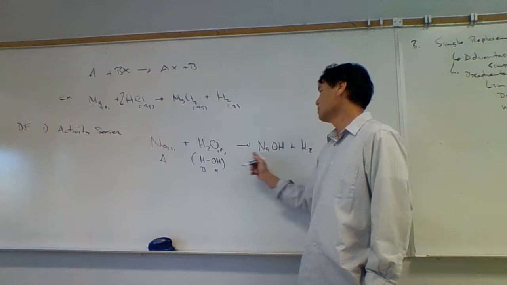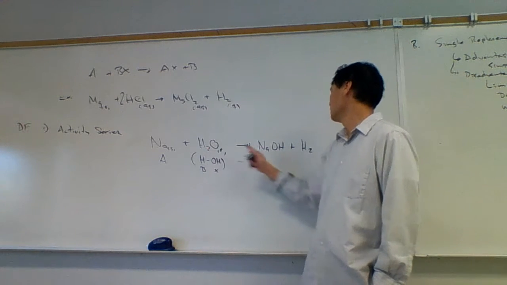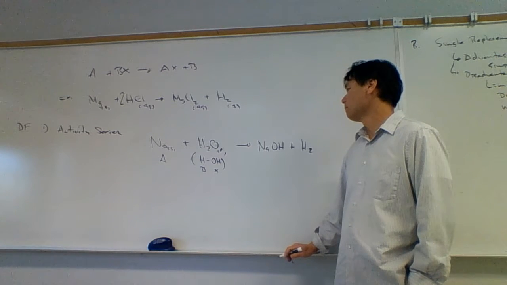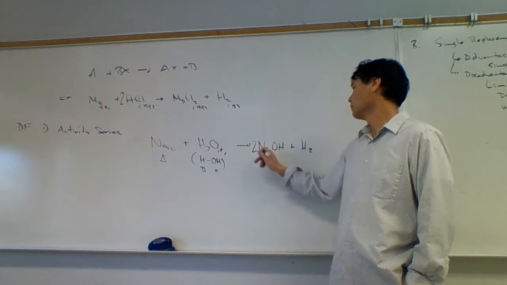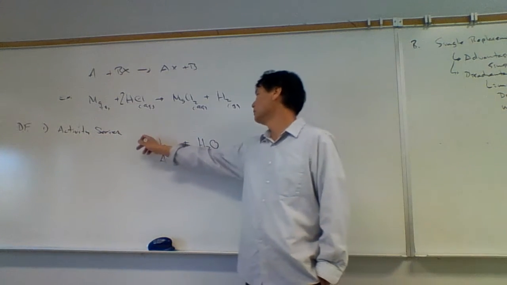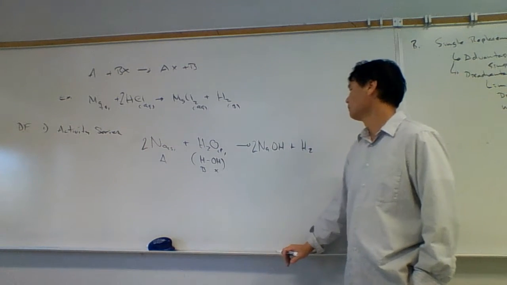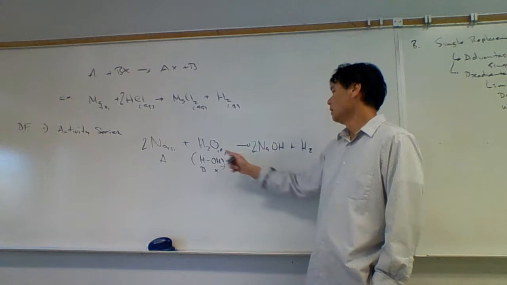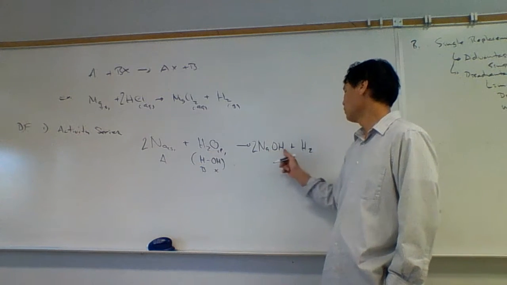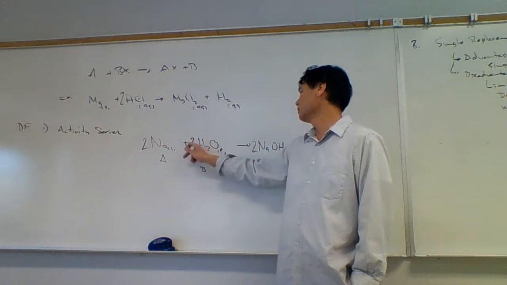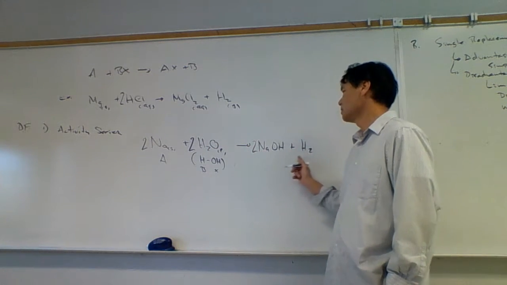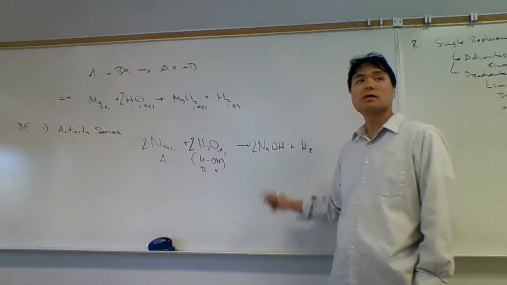I have one sodium, but over here I have two hydrogens, and I have three hydrogens. That's not quite right. If I put two there and two here, now will it balance? So I've got two sodiums. I just have two hydrogens, but I have four hydrogens. I need a two in front of water. So now that gives me four hydrogen atoms, two oxygens. Now it's balanced.